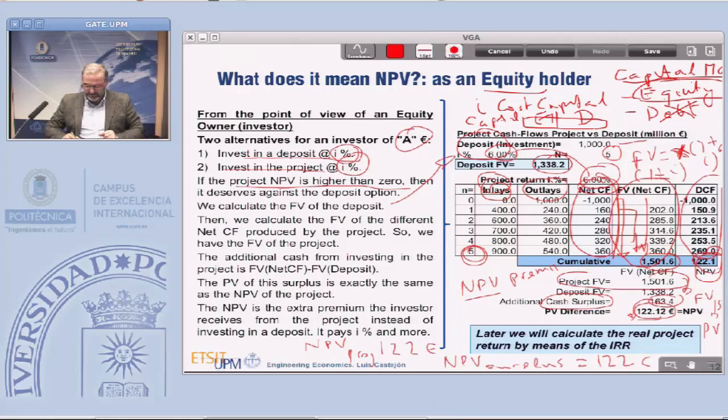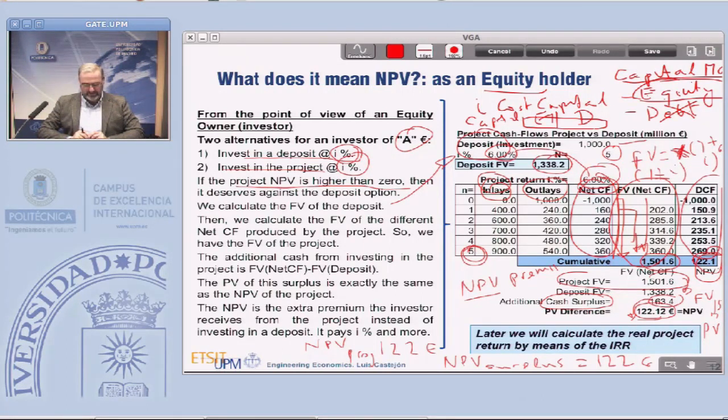So what we can conclude from that is that the net present value is the additional amount of money I can earn in a project instead of investing in a deposit at this same interest rate.